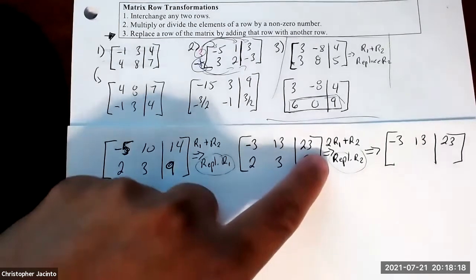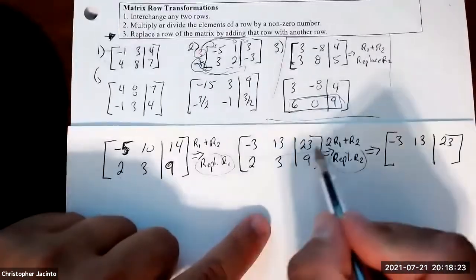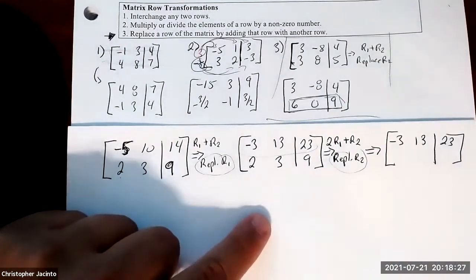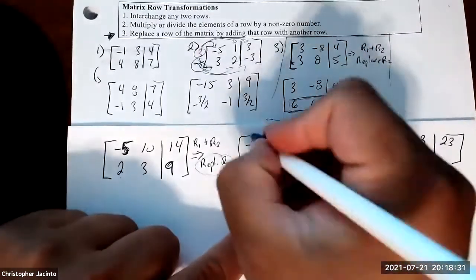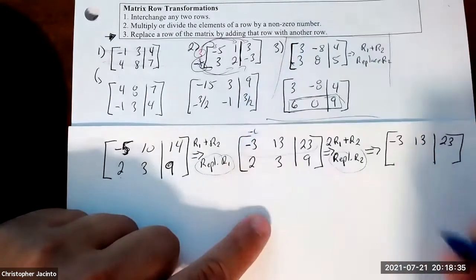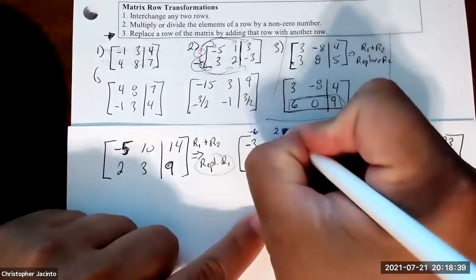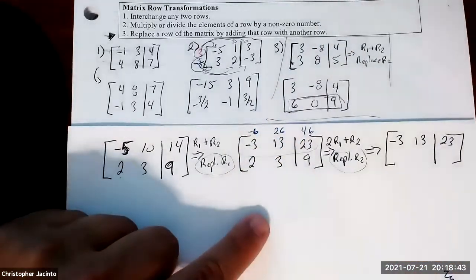Okay, first step. I'm going to multiply row 1 by 2, right? Order of operations. So first things first, multiply everything by positive 2. That's going to be negative 6. This will be 26, and this is going to be 46.